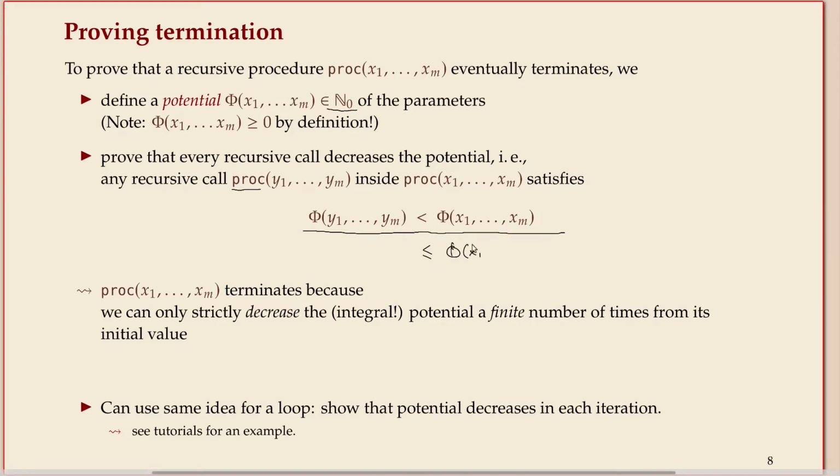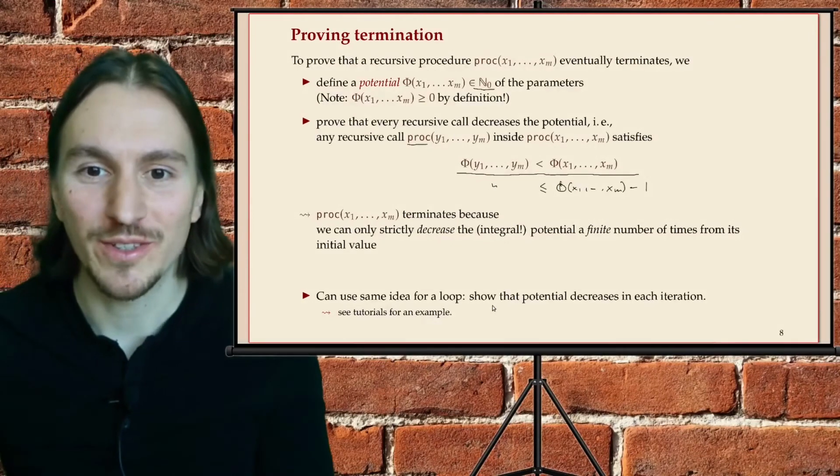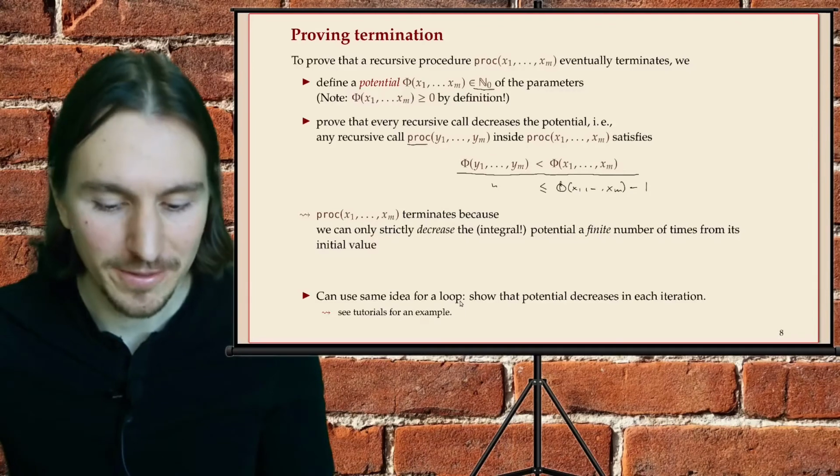We can subtract 1 from a given number that we start with only a finite number of times. A similar idea can be made for loops. If you have a while loop instead of a recursive call, the two things are actually fairly similar. And you will see an example of this in the tutorials where you apply this to a loop to show that it terminates.